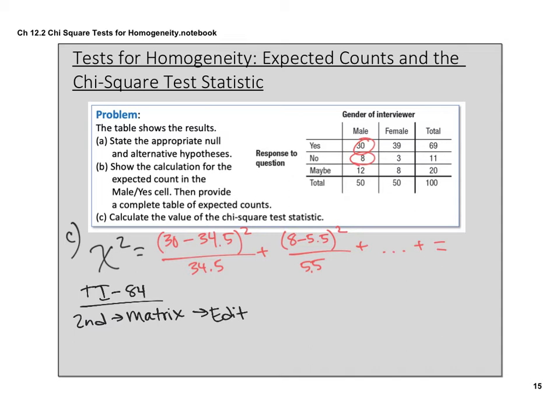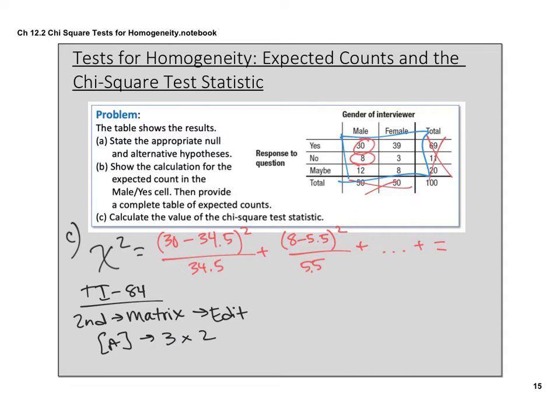So I have a 3-row by 2-column. So I'm going into matrix A, and I'm making it 3 by 2. Because all you want to enter is your data. You don't want to enter the totals. So you're not going to enter these in the matrix.